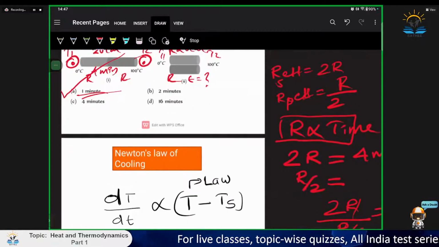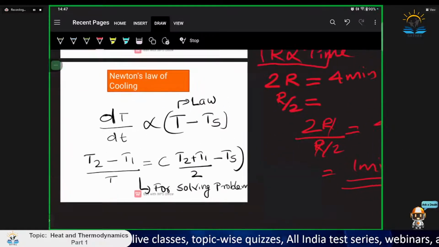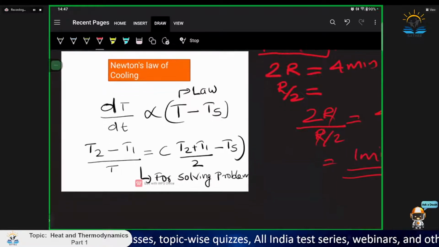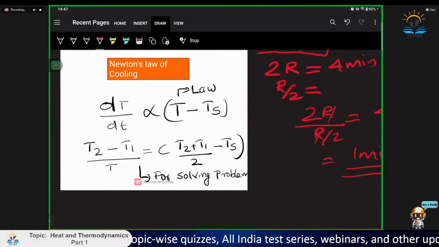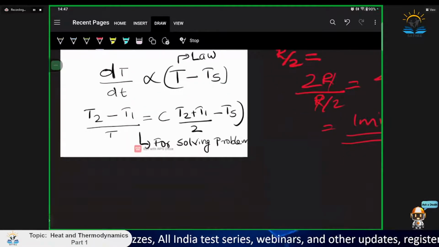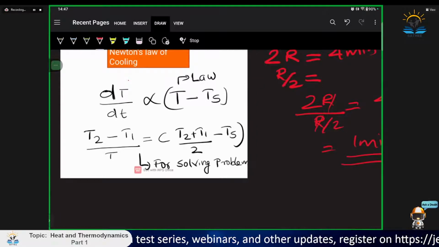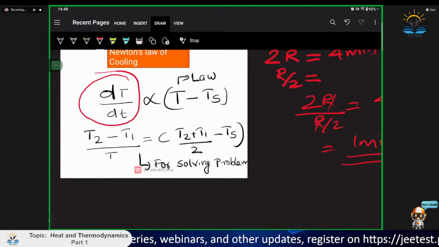So we are moving to the next part. Almost the time is going to be over, so we are moving to the next part quickly. That is Newton's law of cooling. So we should understand what Newton's law of cooling is saying. Newton's law of cooling is saying rate of cooling, that is dT by dt, this is temperature and this is time.